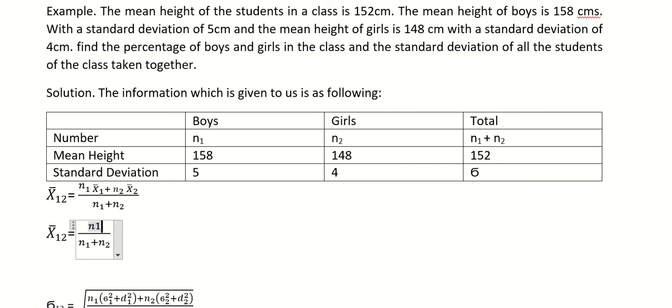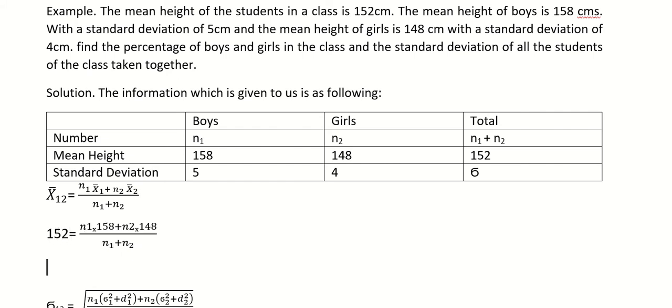So n1 into mean 1, that is 158, already given to us, plus n2, the number of girls, is not given to us, and their mean height is 148, which is given to us in the question. And again n1 and n2 are not given to us. And the combined mean is given to us, so I will just put the value, that is 152, right?